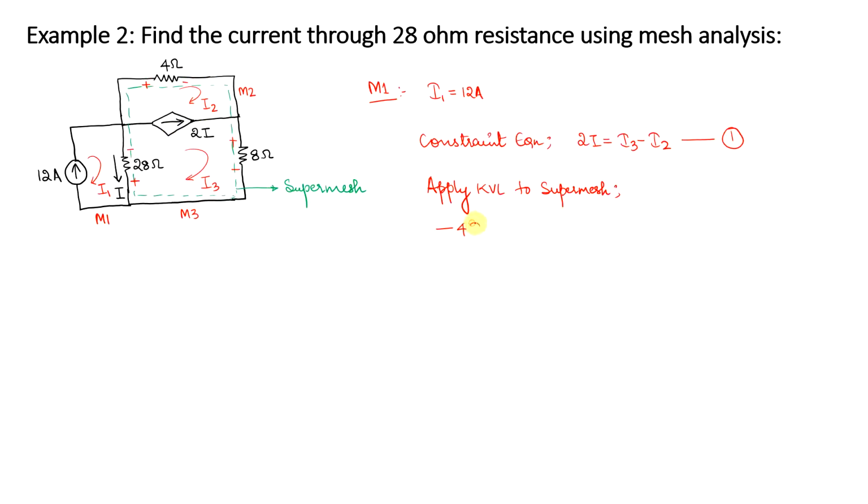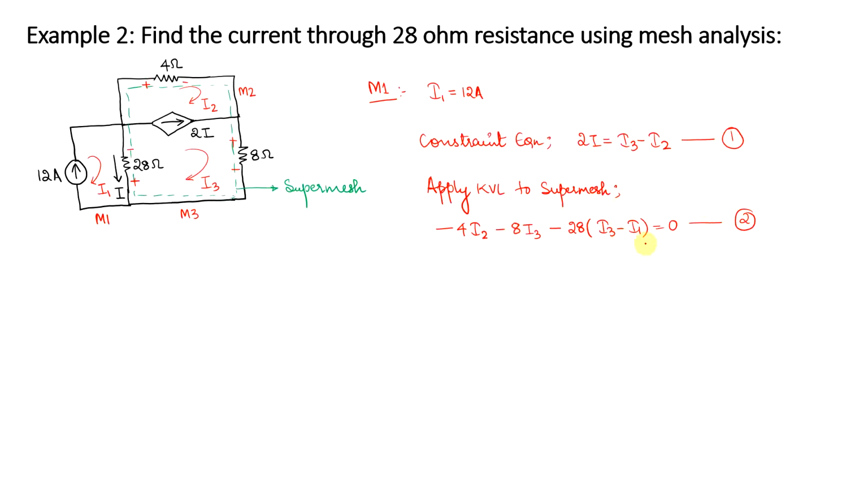So minus 4 I2 minus 8 I3, minus the 28 ohm resistance, which is being shared between the two meshes. So the dominant mesh here is I3, so this is minus 28 into (I3 minus I1) equal to 0. So this is your second equation.